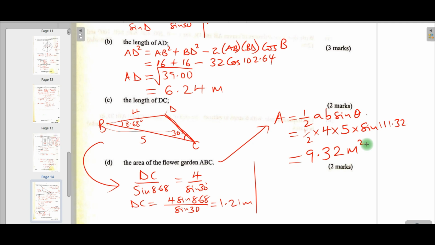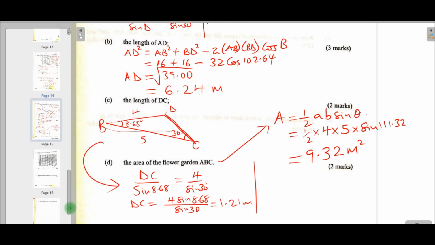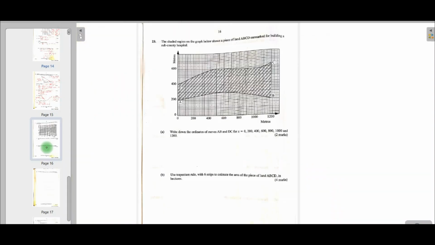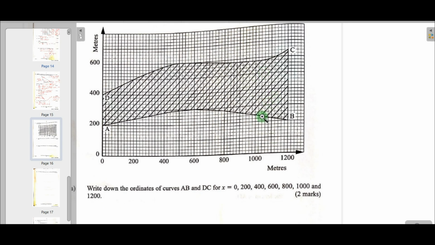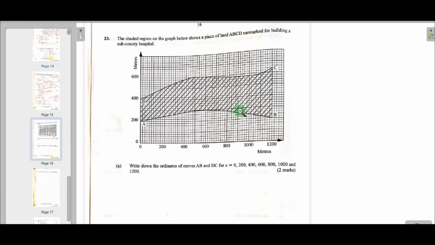Then we proceed on to question number 23. For question number 23, the shaded region on the graph below shows a piece of land ABCD marked for building a sub-county hospital.